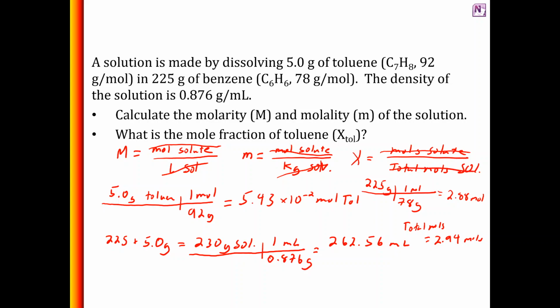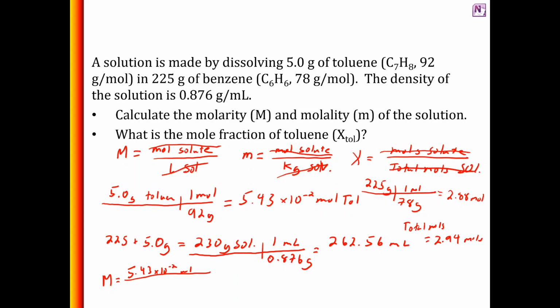So now we know everything, and all we have to do is plug in. So our molarity will be equal to the moles of the solute. That was our toluene, so 5.43 times 10 to the minus 2 moles. And then what was our volume? Did we calculate our volume yet?